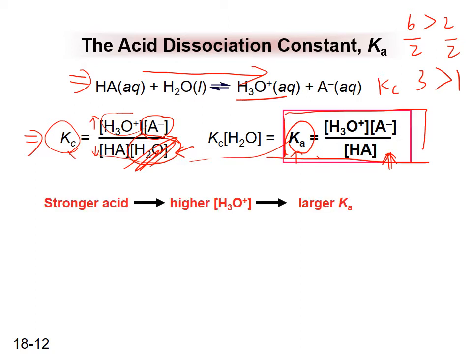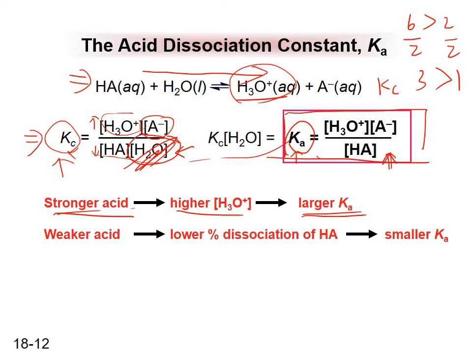So a strong acid gives you a high concentration of the hydronium ion, which gives you a large equilibrium constant and a larger Ka. So strong acid, large Ka. A weak acid has a small amount of dissociation, so a small hydronium ion concentration gives you a smaller Ka.